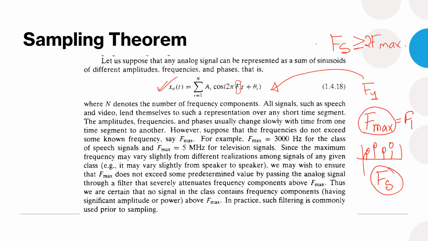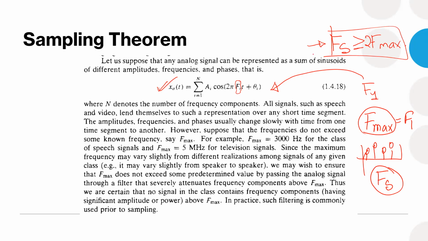Now, why do we need to follow this condition? If we do not follow this condition, then the reconstruction of the signal at the receiving end will not be successful. So for successful reconstruction of the signal at the receiving end, we must ensure this condition.